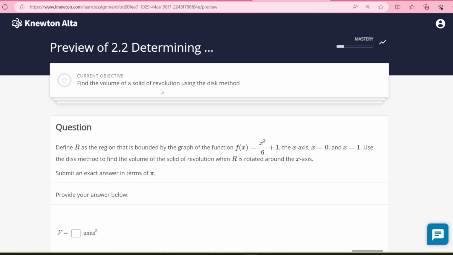And it's very similar to the slicing we were doing in the previous objective. I'm going to take little slices of the region, thin rectangles, and see what happens to these thin rectangles when I rotate them around the x-axis or the y-axis or some other horizontal or vertical line.